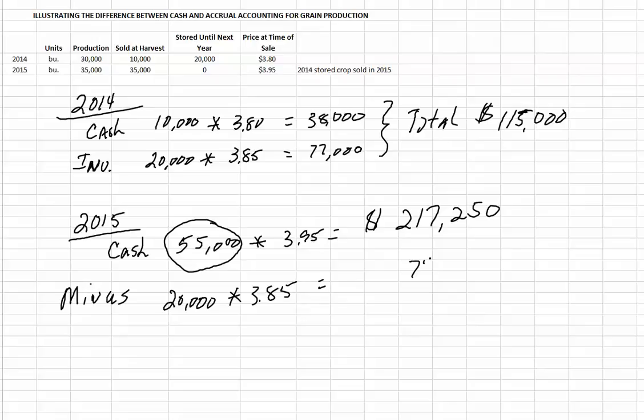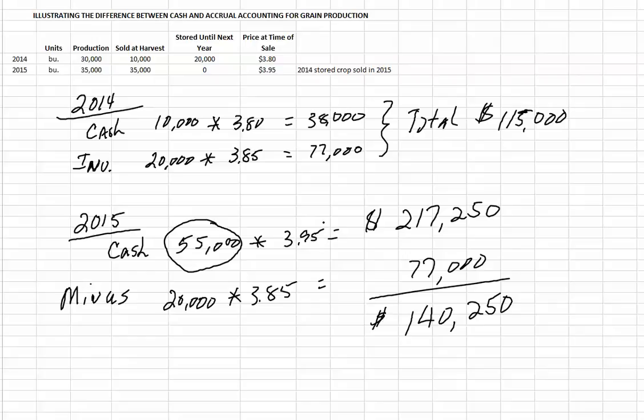That 77,000 would be a minus, and you would actually have total income of $140,250 in 2015. Now what we've done is put the revenue into the correct year with the production.